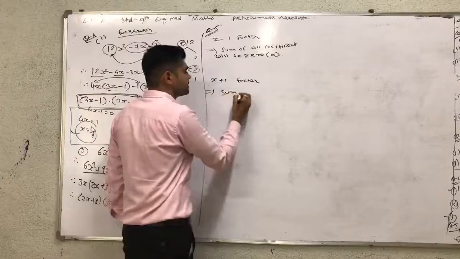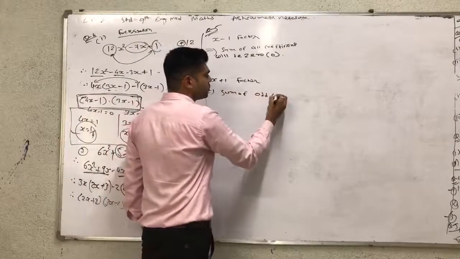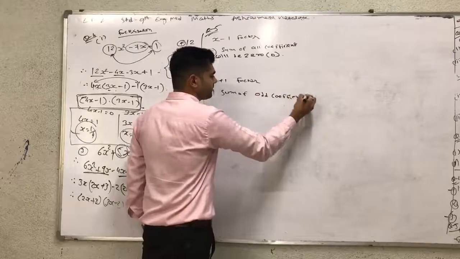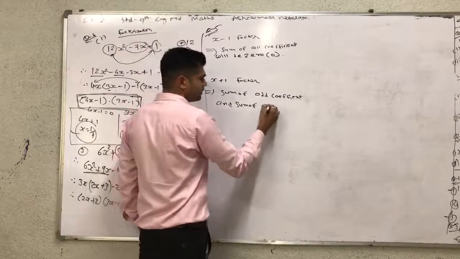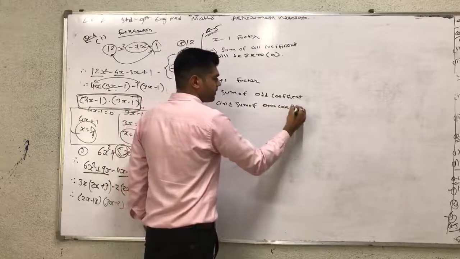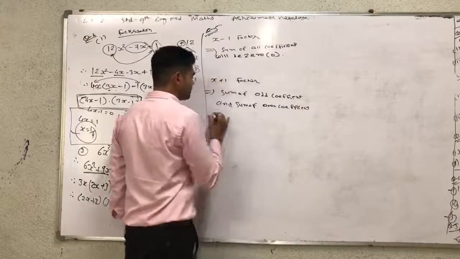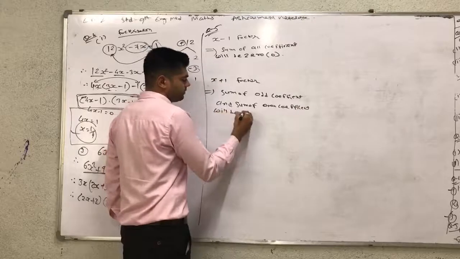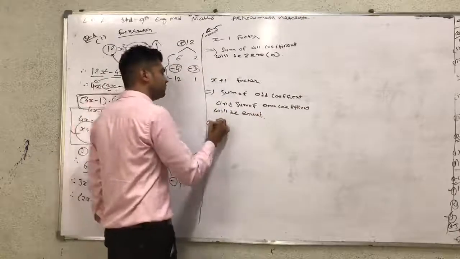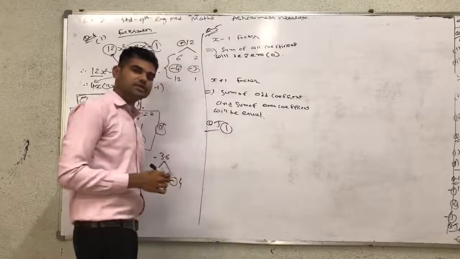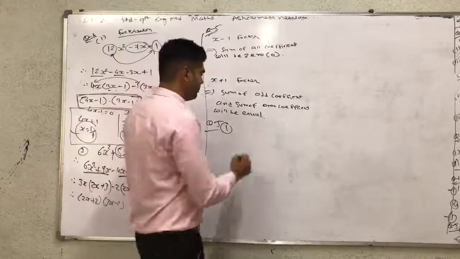And if the sum of even coefficients and the sum of odd coefficients are equal, then x plus 1 is a factor of the given polynomial.